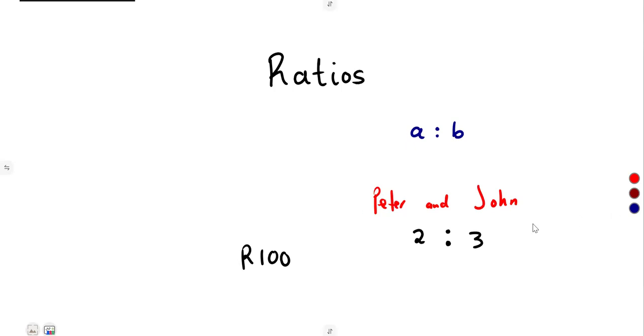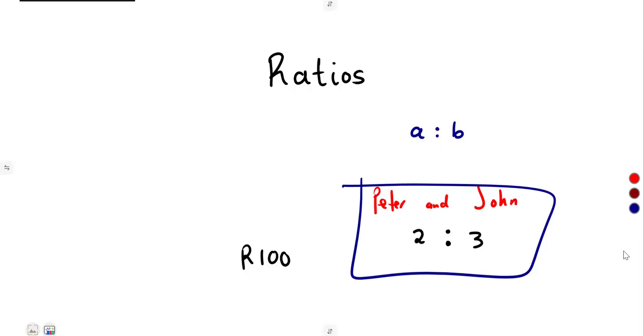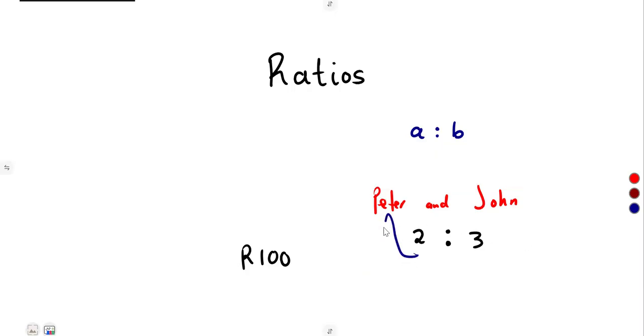So we are comparing two people here to say how much is Peter going to obtain, how much John is going to obtain from a certain amount of money that they are sharing.